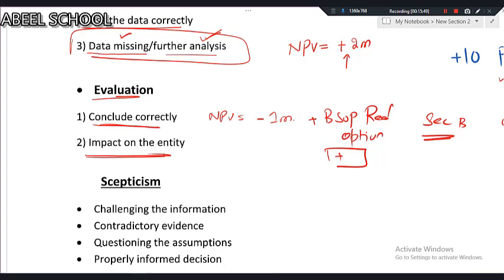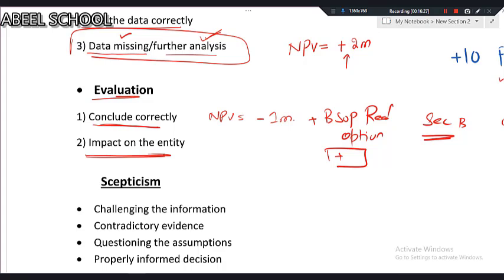Assuming your organization is deciding a foreign direct investment in another country, and that investment is giving you a positive NPV, but due to that foreign direct investment, your company has decided to reduce the workforce in the home country, to make a number of people redundant, because in foreign direct investment we'll be manufacturing the same product over there, and let's say we don't need so many employees in our home country then.